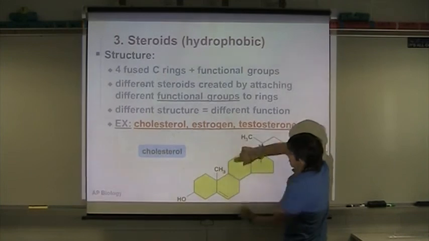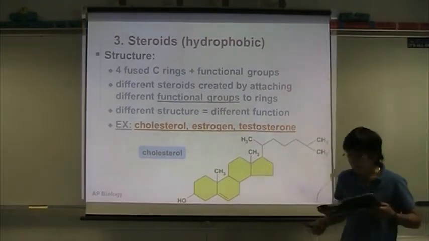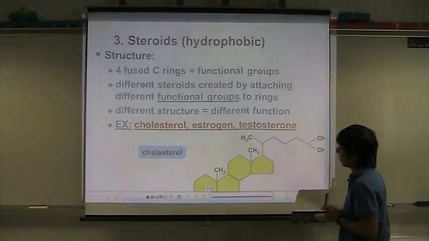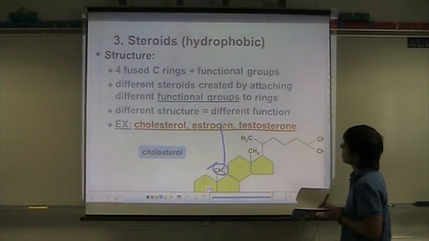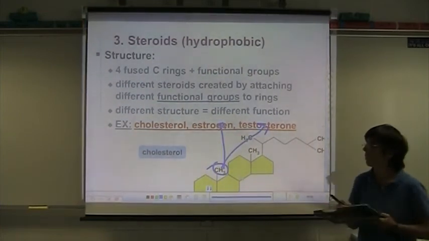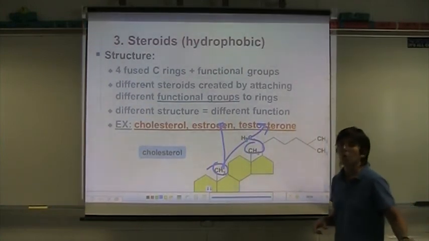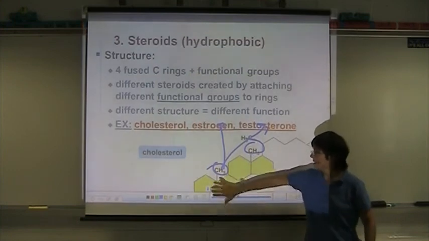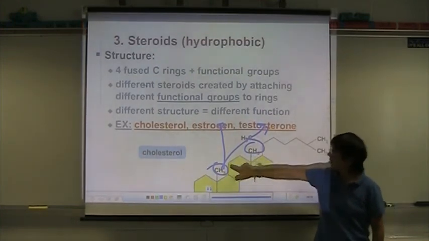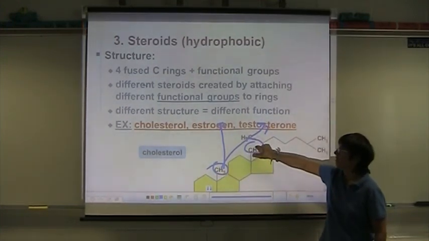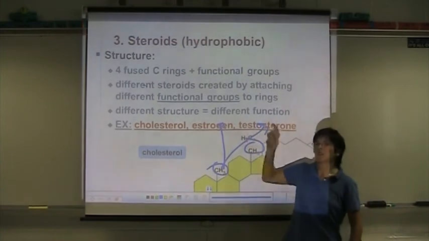Replaces these things. And if you replace just a few of these, you can have estrogen or you can have testosterone by just replacing those small attachments there. The molecule remains the same. You replace the attachments in cholesterol and you end up with those things.